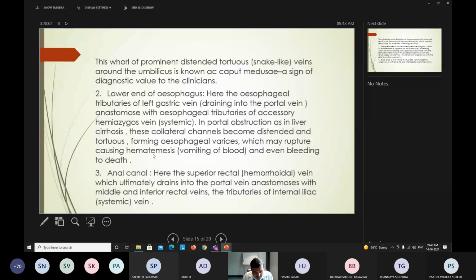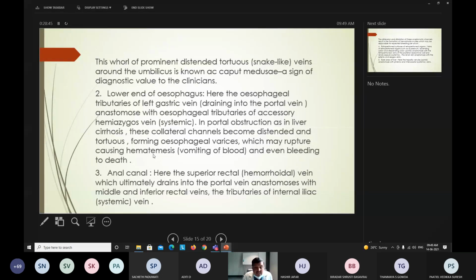Here the superior rectal vein, which ultimately drains into the portal vein, anastomoses with the middle and inferior rectal veins, the tributaries of the internal iliac vein. In portal hypertension, these veins also become dilated and tortuous.